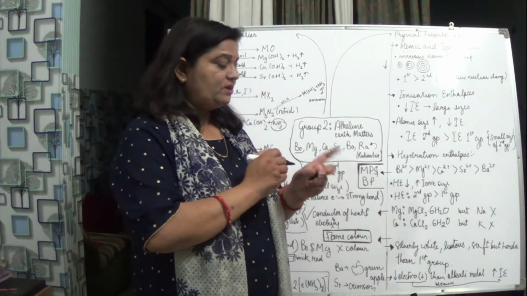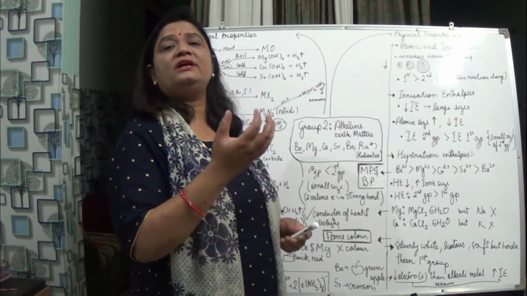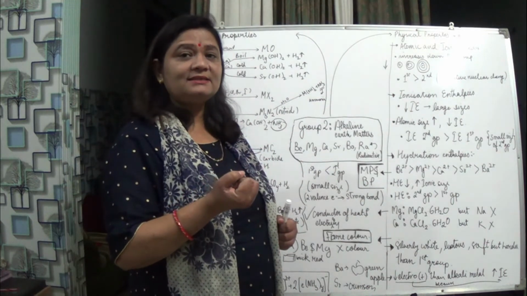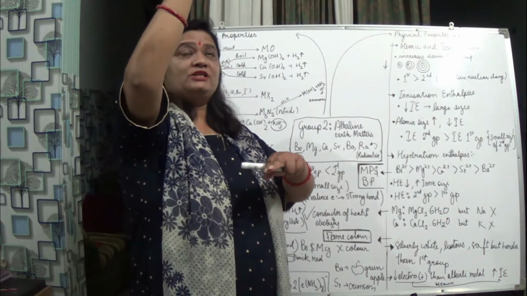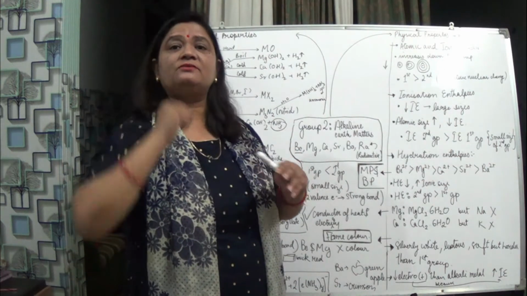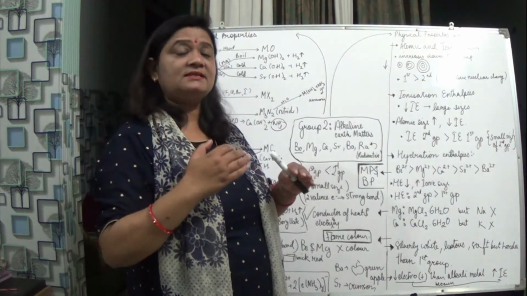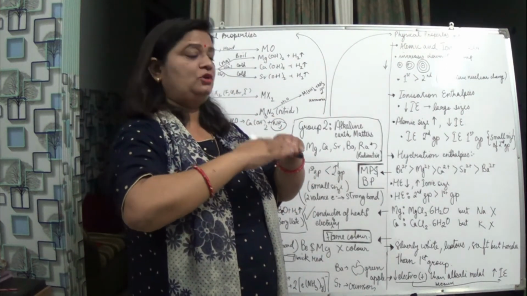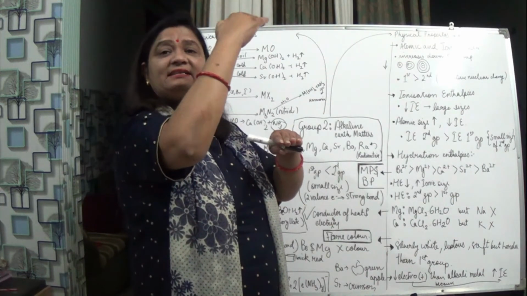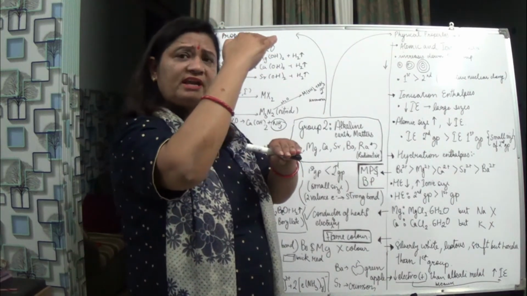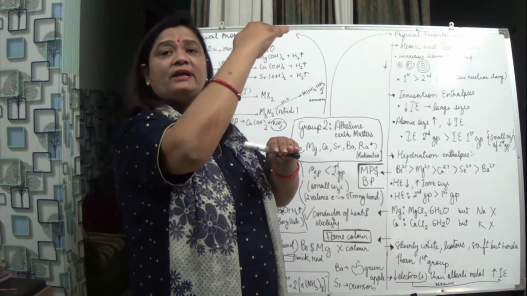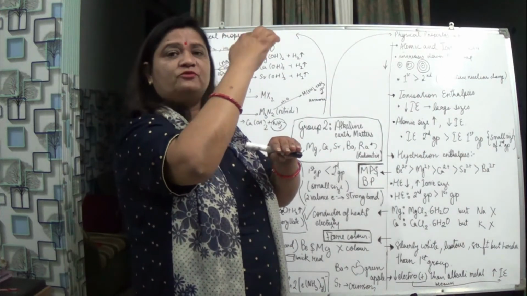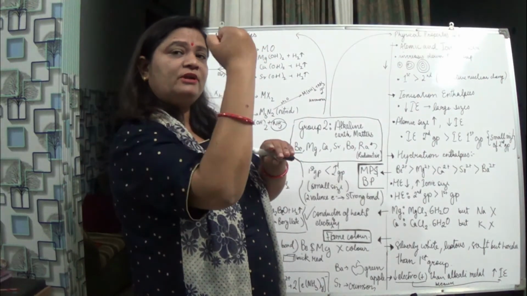And as a result, what is happening? The effective nuclear charge is becoming less, because the shell is present at a larger distance from the nucleus, and as a result the effective nuclear charge of this nucleus decreases, and now the electrons are not held together with a very strong force, and so they can be removed easily.